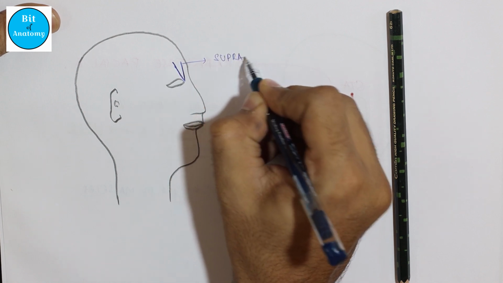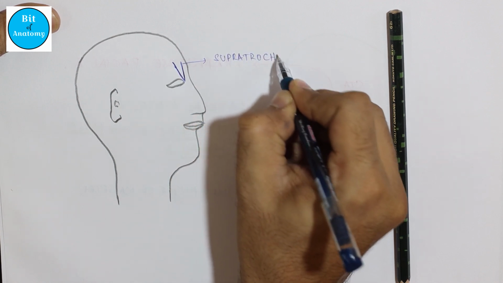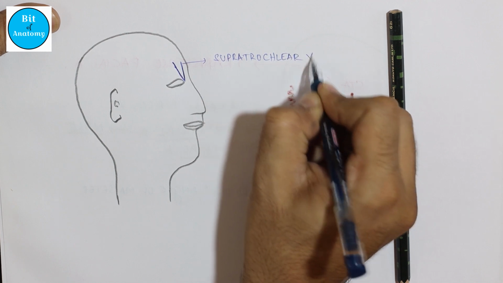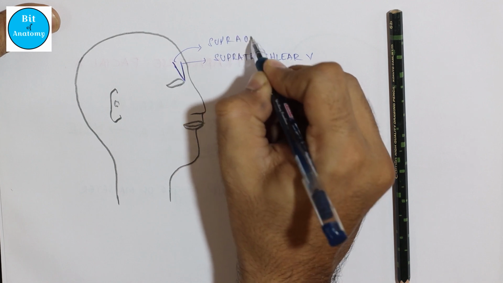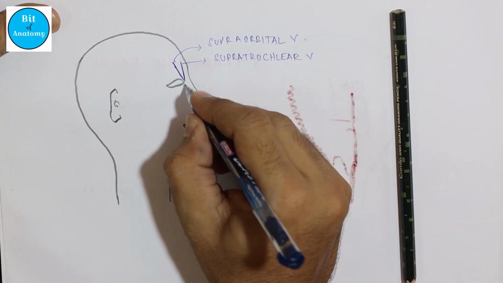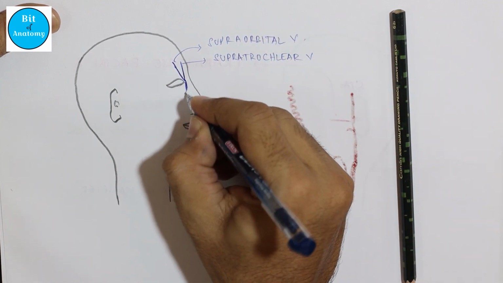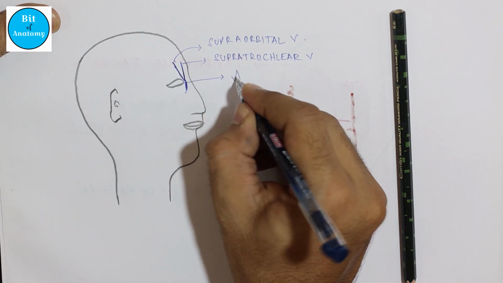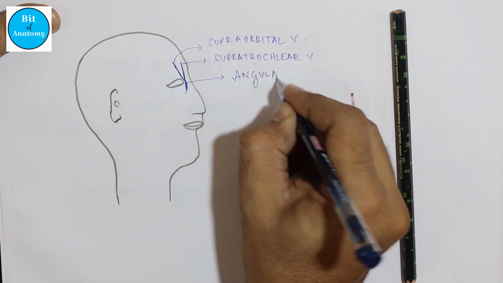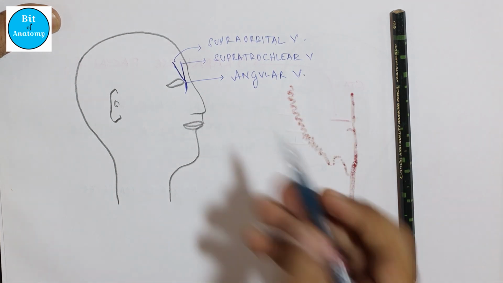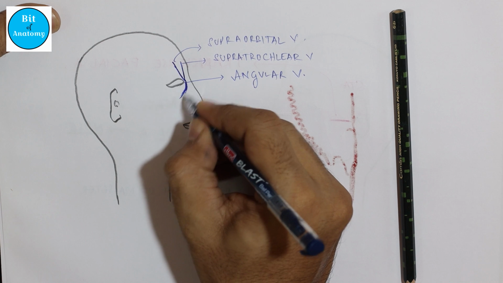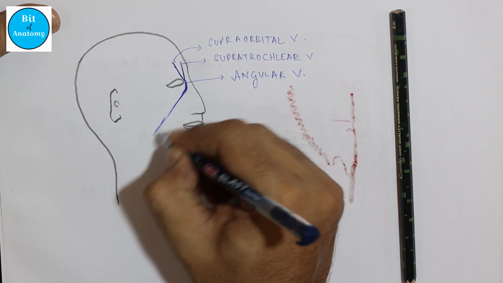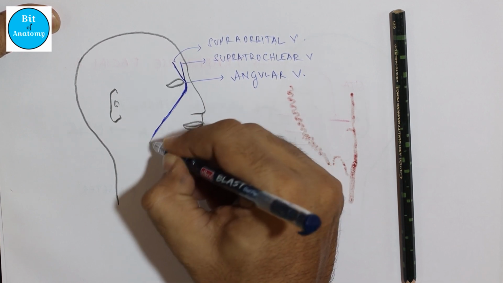The medial one is called the supratrochlear vein, and the lateral one is called the supraorbital vein. These two veins unite to form the angular vein. It is called the angular vein because it is situated near the medial angle of the eye, and this will continue as the facial vein.